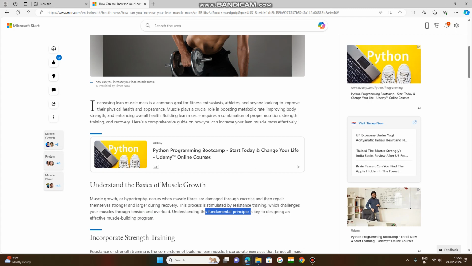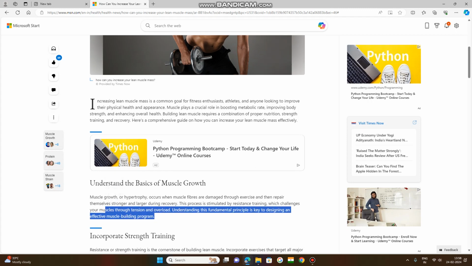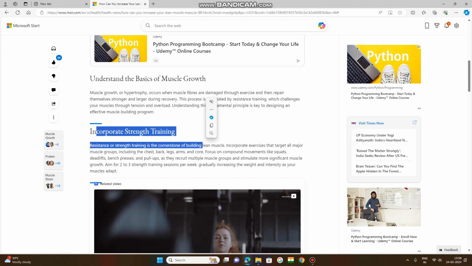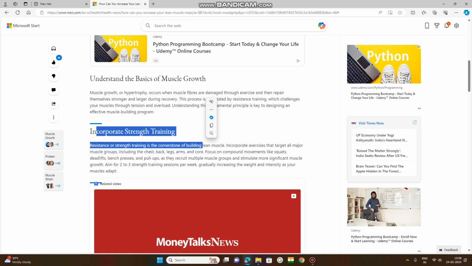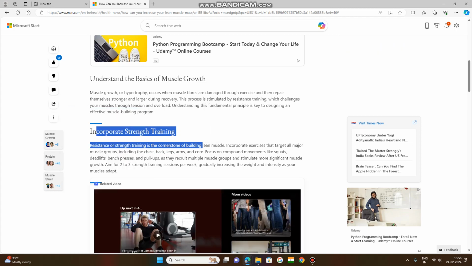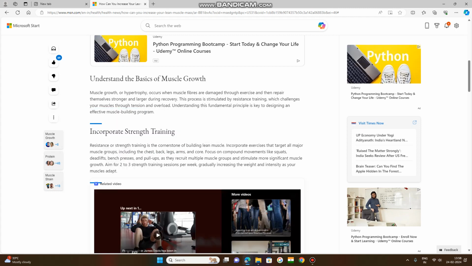So while building our muscles, incorporating strength training is very important. We need to add strength training. Try to understand resistance or strength training.